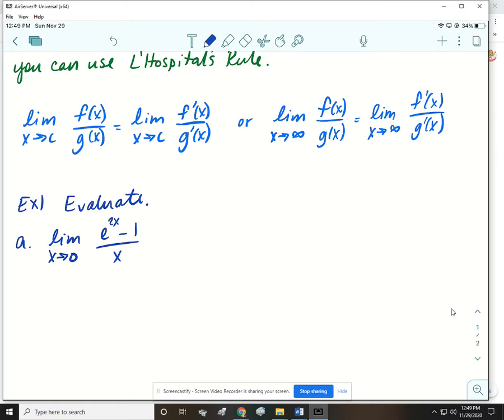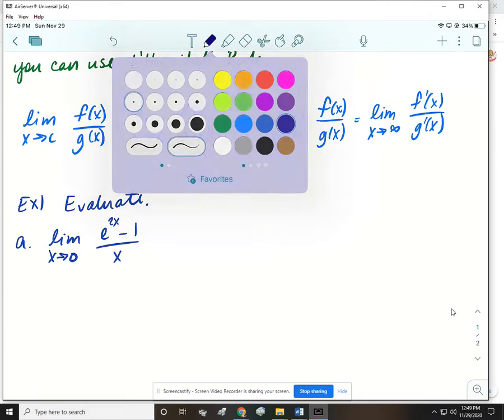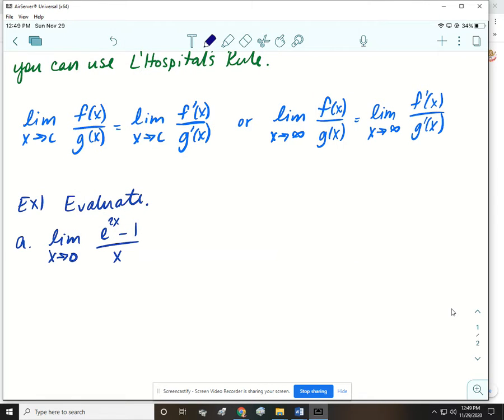It's actually equal to a value that we're going to find in a second. But whenever we plug 0 in for the numerator, we get e to the 0 minus 1, or 1 minus 1, which is 0. And then when we plug 0 into the denominator, we also get 0. So it gives you 0 over 0.